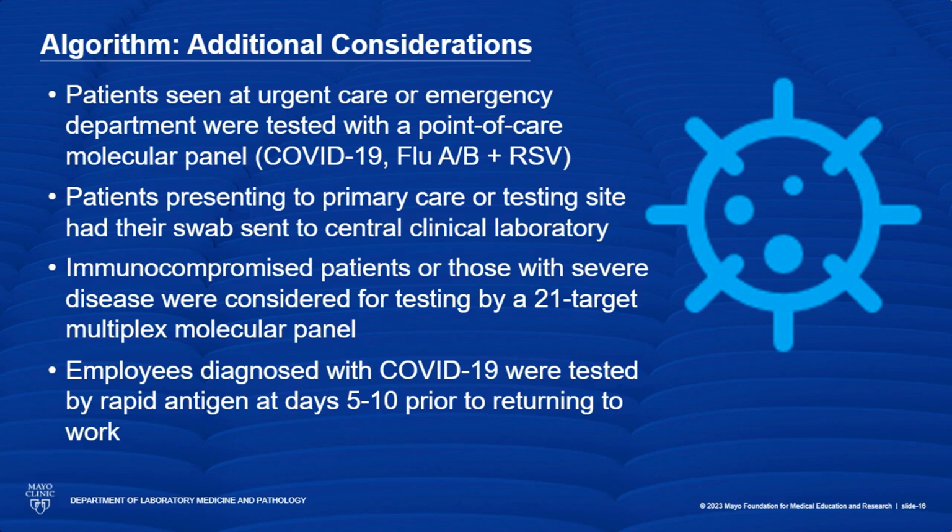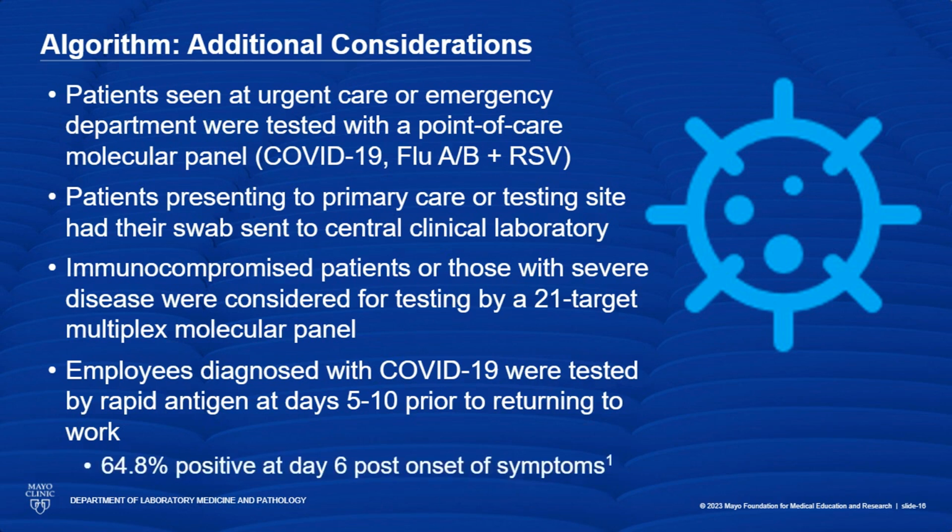What was very interesting from this study was that almost 65% of our employees who were diagnosed with COVID-19 had a positive antigen test on day 6 following their onset of symptoms.